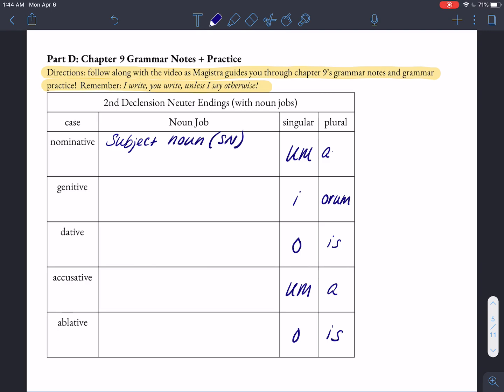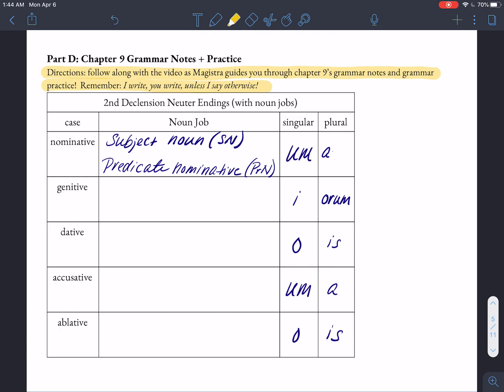And you're also going to write predicate nominative, and that's going to be PRN. You don't need to know what these things mean just yet. You will eventually, though. So I'm formally introducing it to you now.